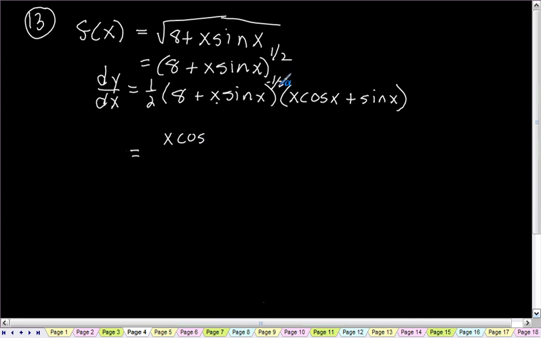And don't forget, I go 1 away from half, so it's negative 1/2. Cosine of x plus sine of x, and that's over 2 times the square root of 8 plus x sine of x. Yep, that's dy/dx.